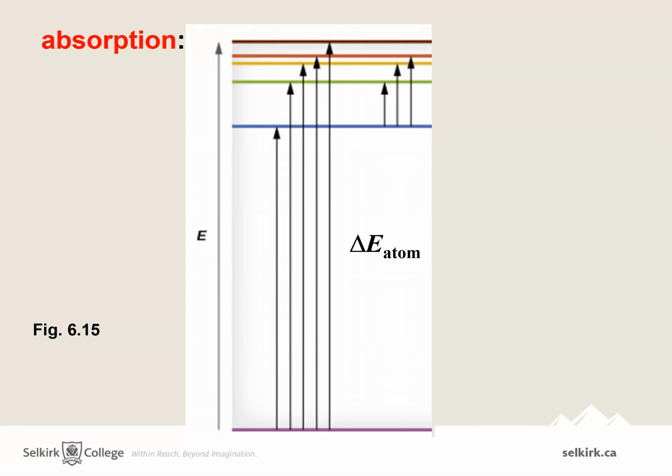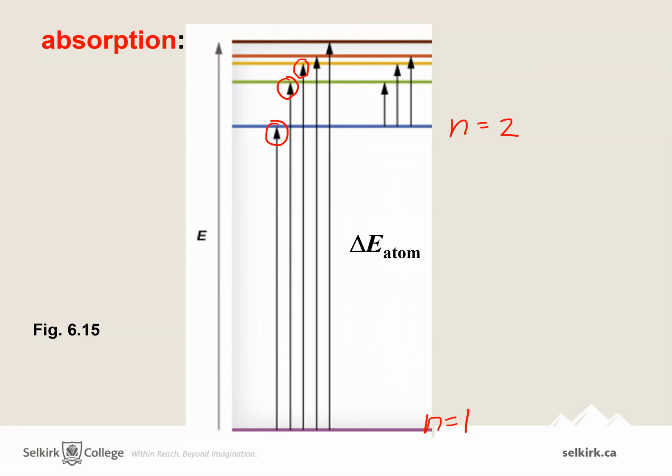So these arrows are showing a variety of possible absorptions. One of the atoms could jump from the first energy level, which we call the ground state, up to the second energy level, as indicated by the arrow whose tip is right here. Or it could make a jump of 2 steps to the third energy level, or another atom could make a jump to the third energy level, but it can't jump in between.